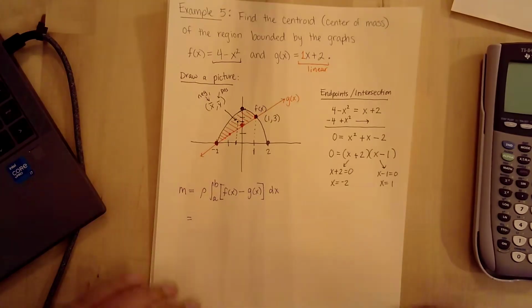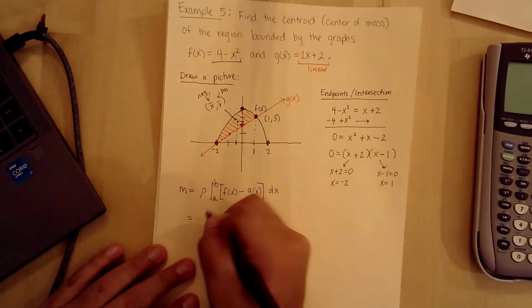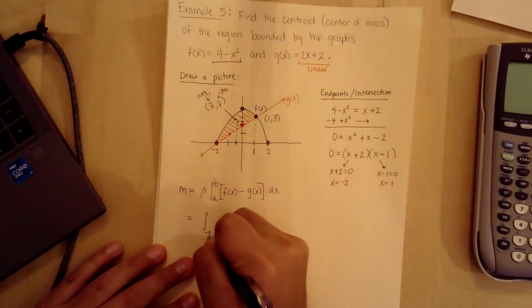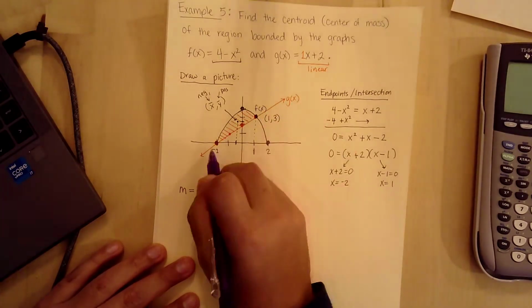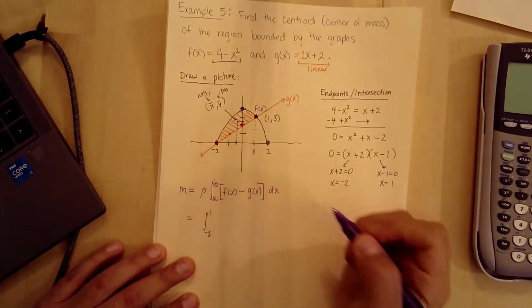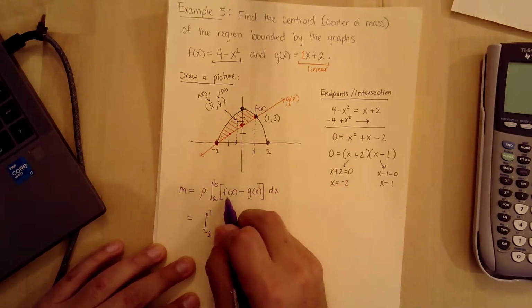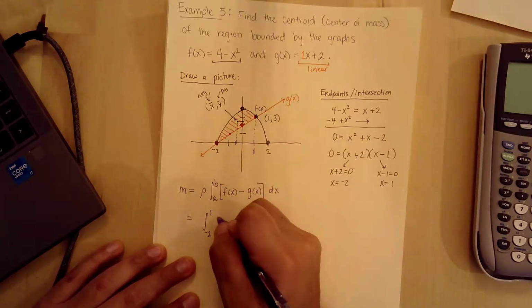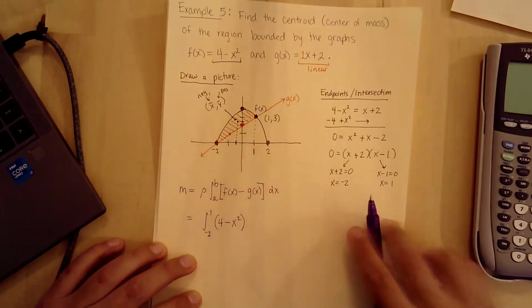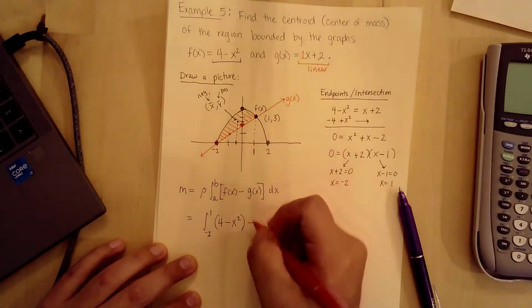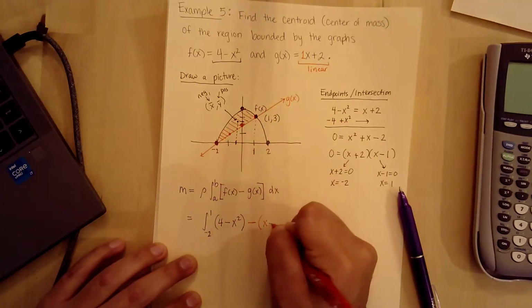again. Okay, so for the mass here, I'm just going to focus on the area, which is just going from -2 to, we're not going all the way to +2 this time because the intersection stops at +1. The function on top was 4 minus x squared, and we're subtracting the function on the bottom, which was x plus 2.